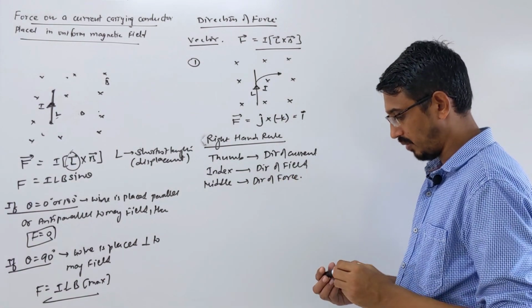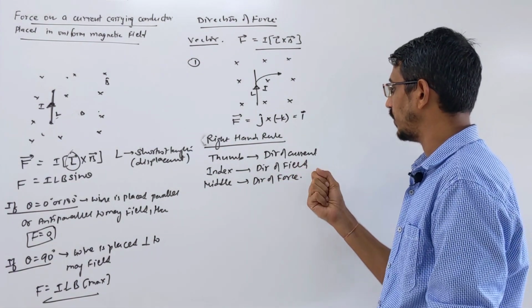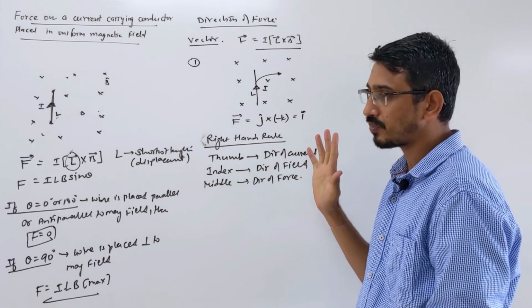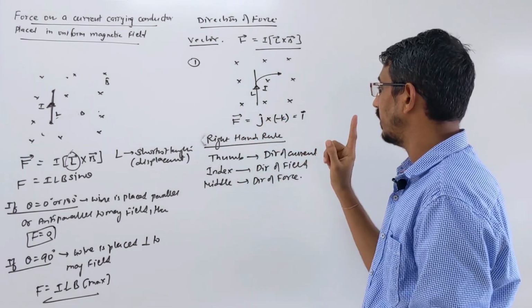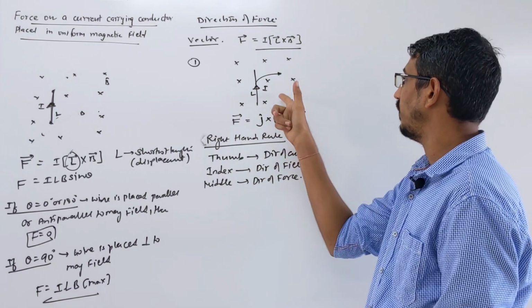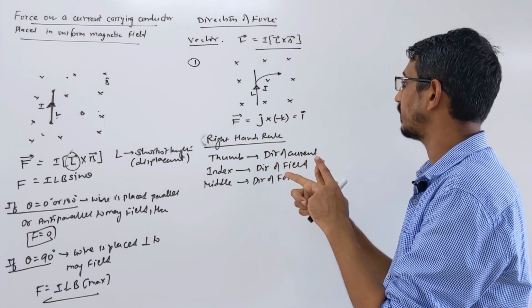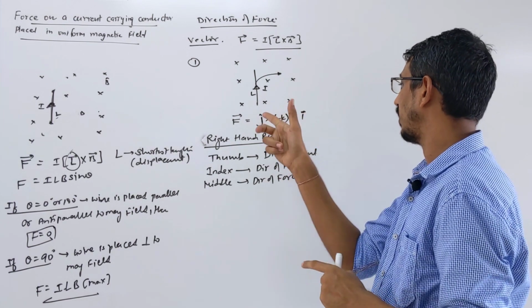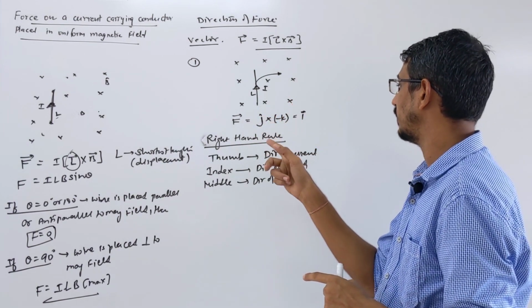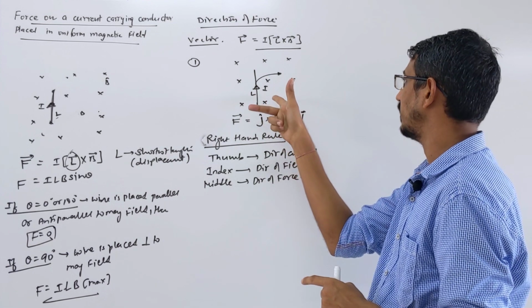So this is a right hand rule. Watch it. Suppose this is the right hand, you want to apply it for this question. Look here, the index finger shows the direction of field, the field is inward, and the thumb shows the direction of current.